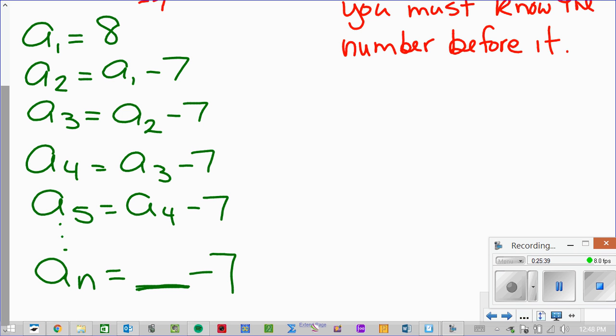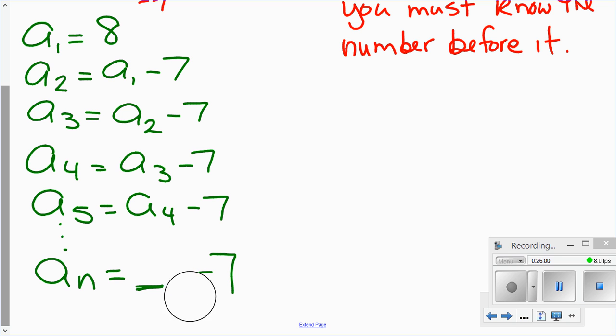Okay, let's look at what we saw up here. This is 3, this is 3 minus 1, right? This is 4, this is 4 minus 1. 5 minus 1, and this would be a sub n minus 1.